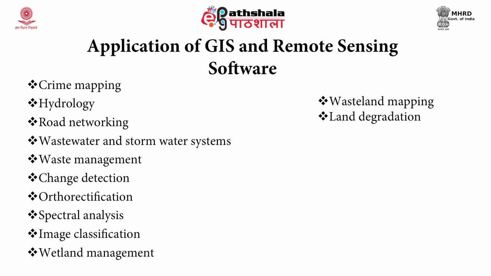For hydrological studies, remote sensing and GIS has proven to be very effective for watershed management as well as for planning activities. The wastewater and stormwater systems are another aspect of urban planning, where in GIS we can plot what the sources of wastewater are and how it is distributed over the entire urban area.